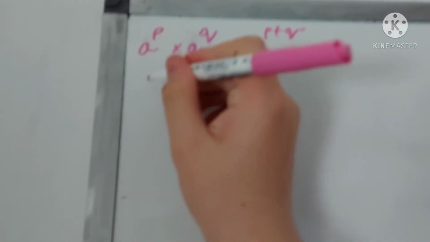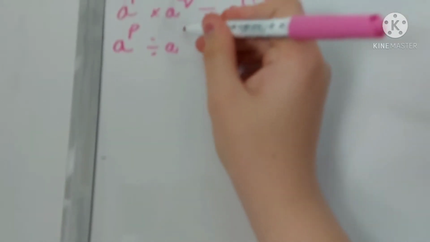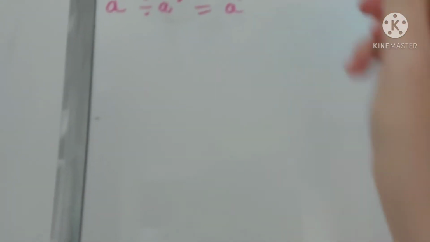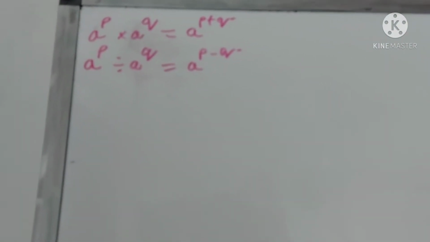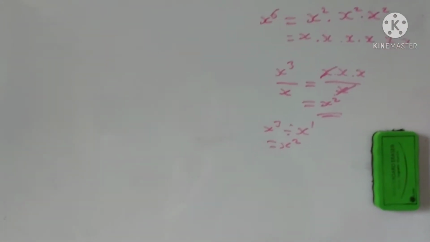So our second index law is, I'll use the same letters, if I use a to the p divided by a to the q, I get a to the p minus q, like so. Alright, let's take it up a notch then. How about if I did something with a bracket in it?